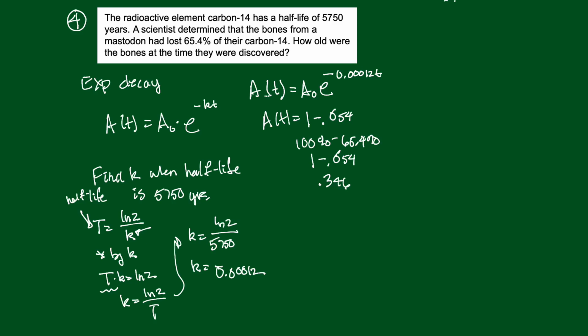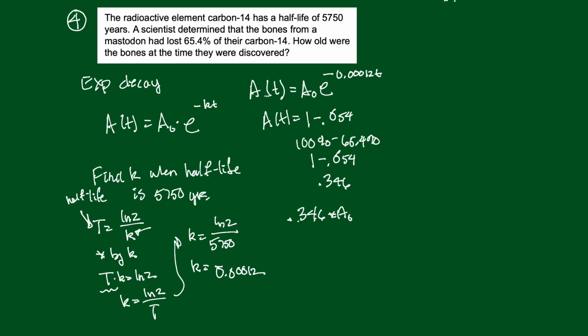So our equation is going to be this. Now, A of t, be careful here. This A of t up here, that is the amount that is left. So it's not just 0.346, it's 0.346 times the original amount, which is not P, but A naught, all right?